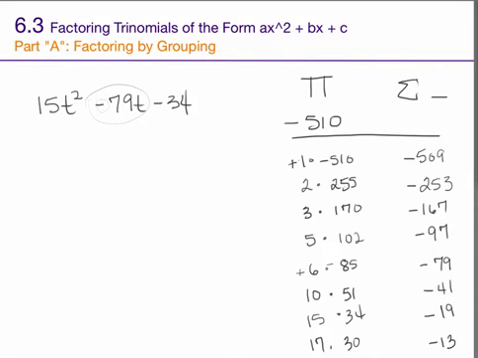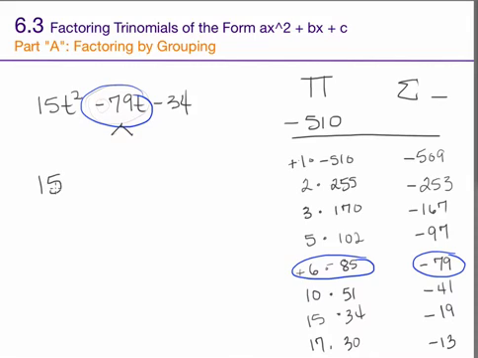Now, can you see your middle term in this list here? There it is. So that tells me that 6 and negative 85 are the two numbers that I need to use to break up negative 79.